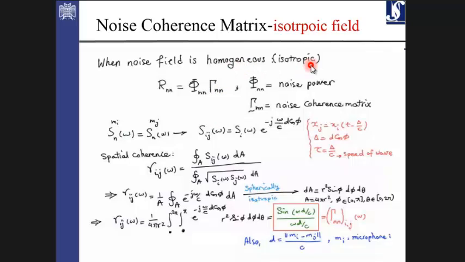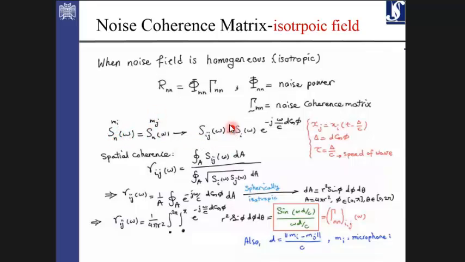Homogeneity or the isotropic property means that the spectral density, the power spectrum at microphone MI and MJ, are equal. That's the condition of being isotropic. So the noise power spectrum at microphone MI is the same as the noise power spectrum S at microphone MJ.